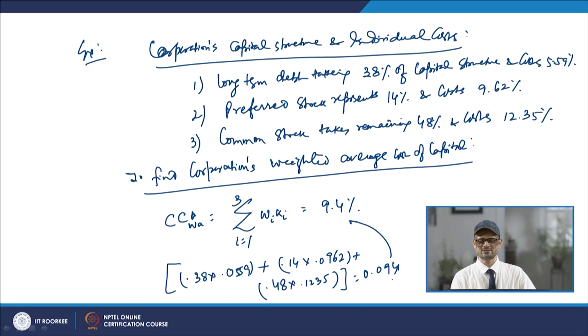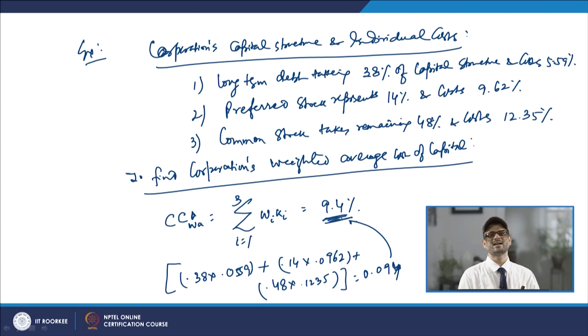This is basically the weighted average calculation, and this 9.4% return tells that the corporation will be able to accept all the investment projects if they earn more than or equal to 9.4%.